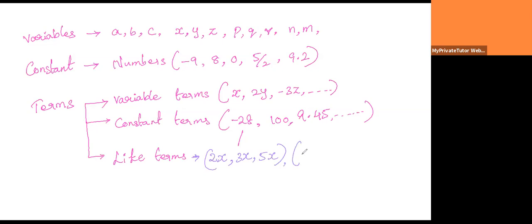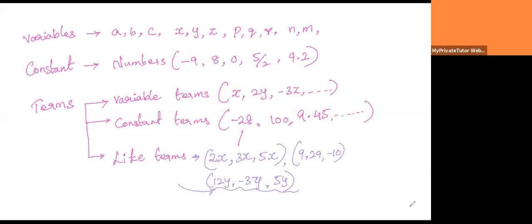If you want me to write constants, 9, 29, minus 10, these are like terms because all are constants. And 12y, minus 3y, 5y, these three are like terms. Why? Because all three are variable terms which have only the same variable, which is y. If you have different variables, then those are not like terms. Hope you guys are able to follow me so far.